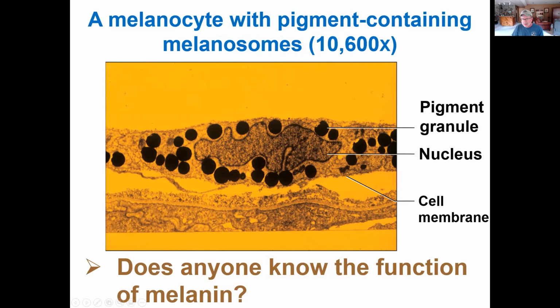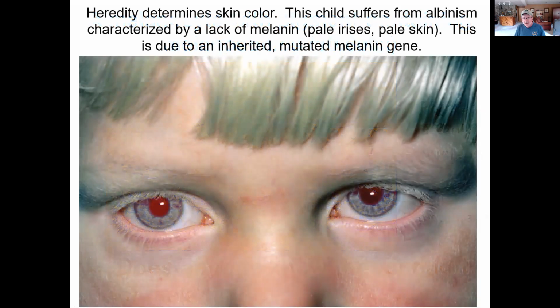What does that melanin do? Anybody know? Well, it protects us. It also gives us our own unique skin tone or skin color. Now, one's skin color is dependent upon how much melanin those melanocytes produce. Somebody that has very dark complected skin, someone of, let's say, African American descent, would have a lot of melanin in their skin because the melanocytes there are producing copious amounts of the pigment.